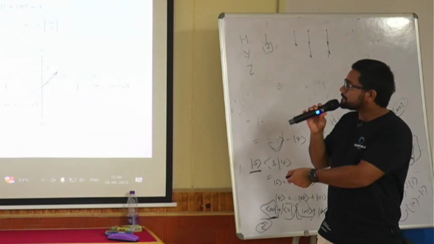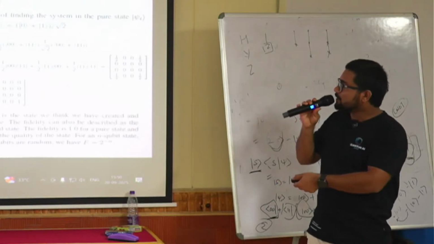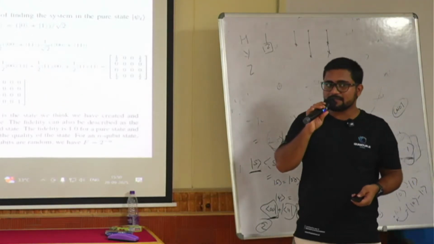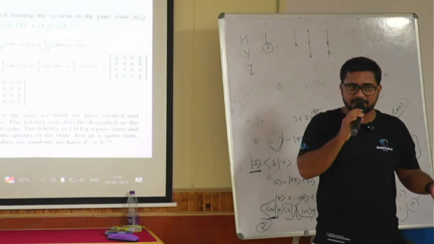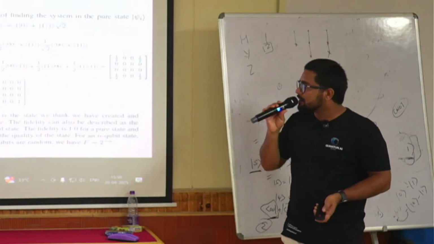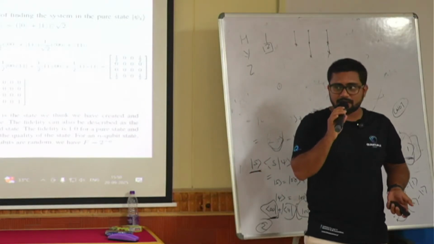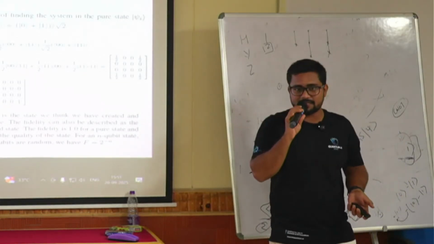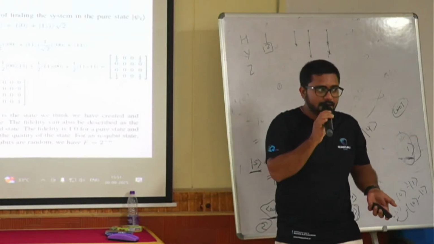Now, the single qubit is one representation, called the state vector representation, that we discussed in the previous slide. But for understanding quantum and multi-qubit systems, the density matrix formalism is very much required. Without it, we cannot get the full mathematical grasp.